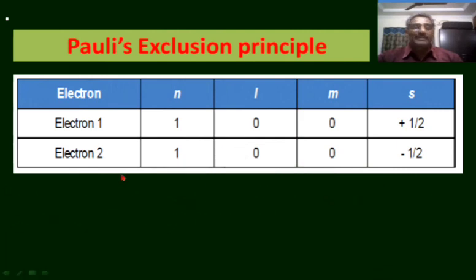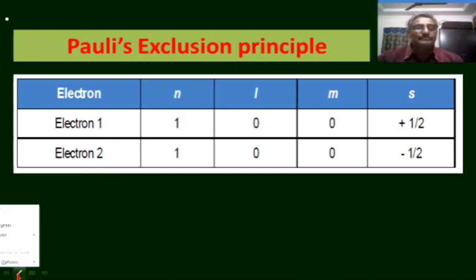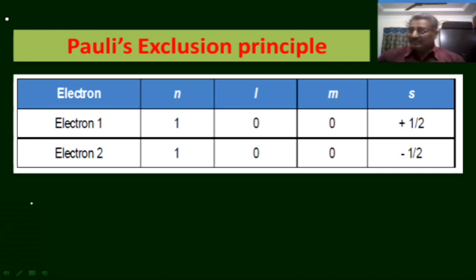For example, if you take 2 electrons in the helium atom, let us take the helium atom. Helium atom has 2 electrons.